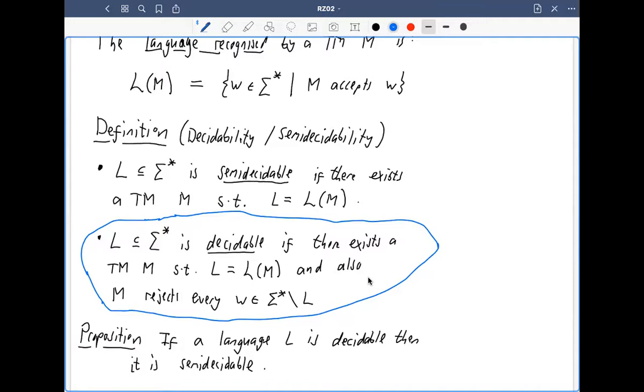So it is possible to find a Turing machine that, when given an input, will tell us, yes, the input is accepted, or no, the input is rejected.